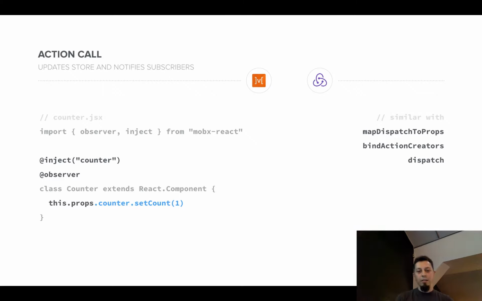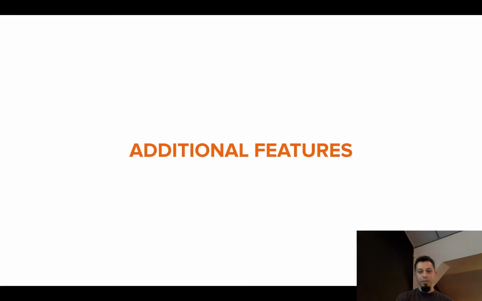So again, a bit more orchestration. In MobX, everything is really more direct. In Redux, it is more indirect. You have to follow some specific path, and we'll see later what this path is.